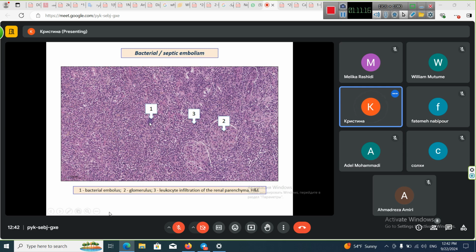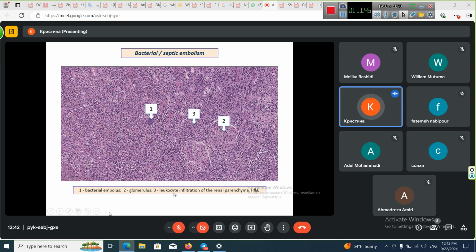They are located in some very small blood vessel, which is not very well seen here. Number two shows us the glomerulus. Glomerulus is the area where the blood filtration happens in kidneys to make the primary urine. So it happens here in glomerulus, one glomerulus here, and second glomerulus here.